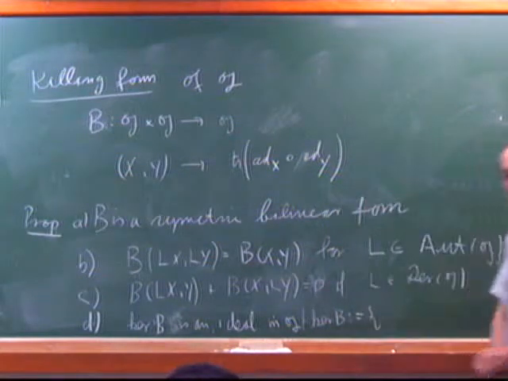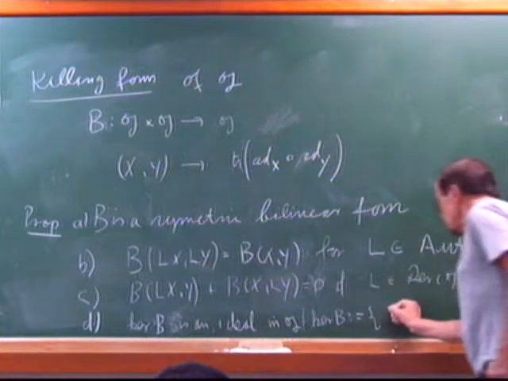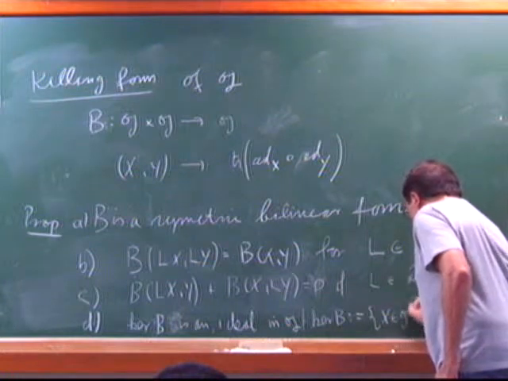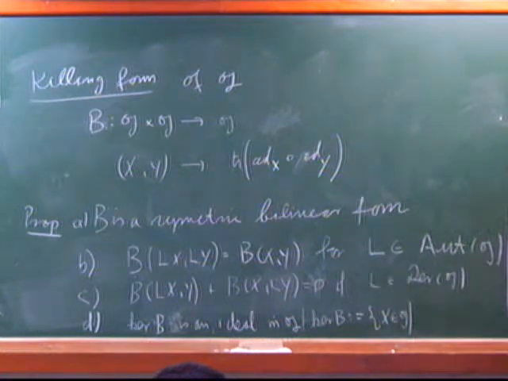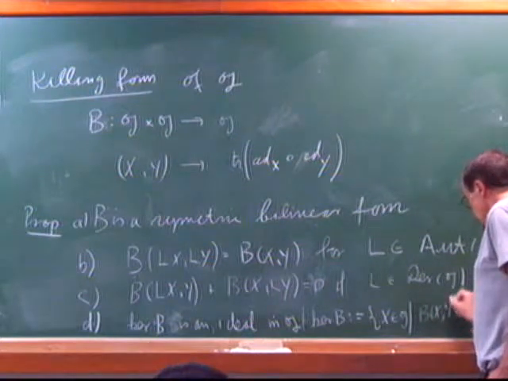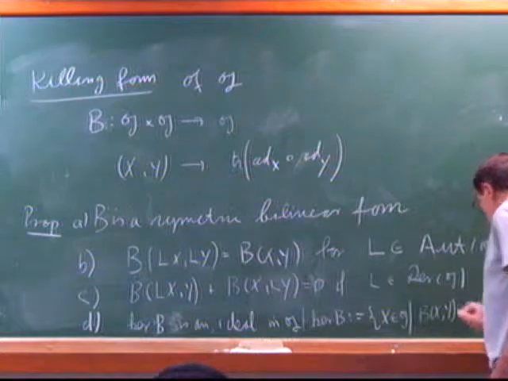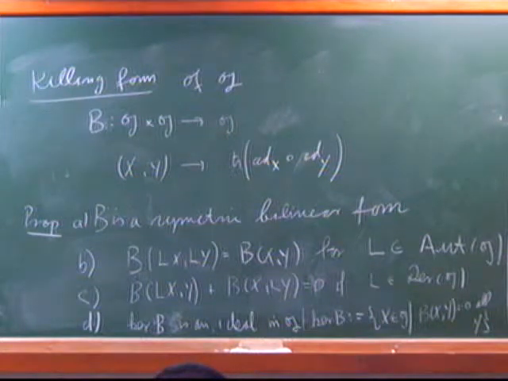How's it defined? So in general, for a bilinear form, what do I mean by the kernel of the bilinear form? X in G such that B(X, Y) is 0 for all Y. So all vectors X where that inner product with everything is 0, that's the kernel.